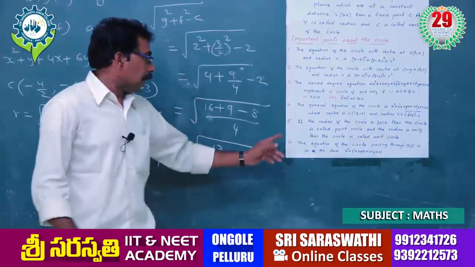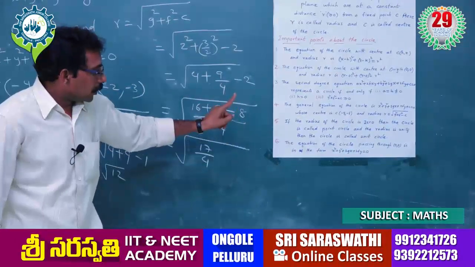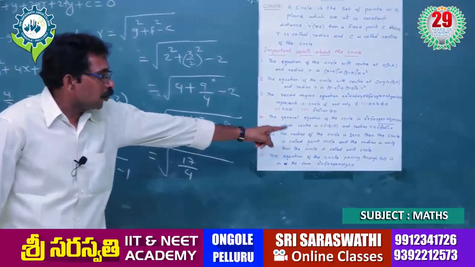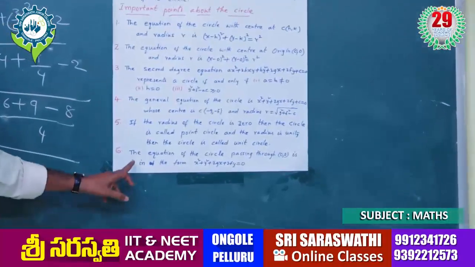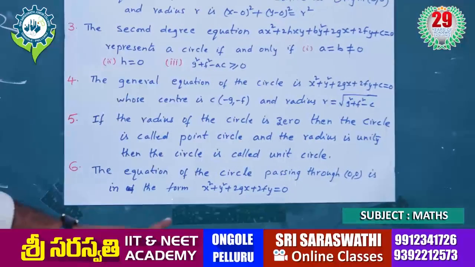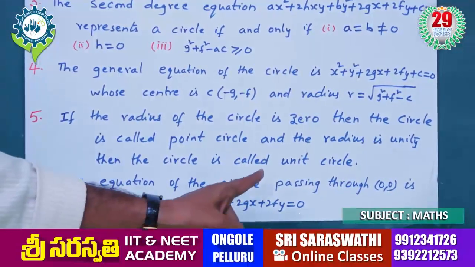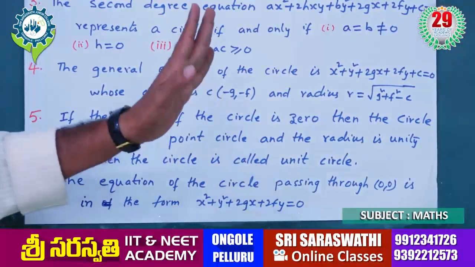Next point is, the equation of the circle passing through 0 comma 0 is in the form x square plus y square plus 2gx plus 2fy is equal to 0.